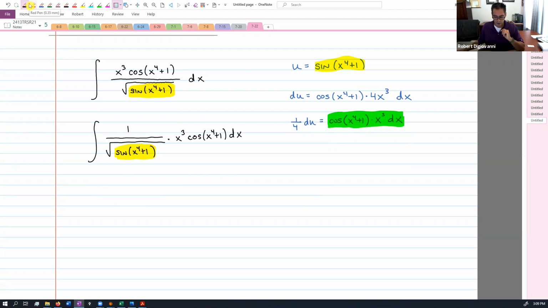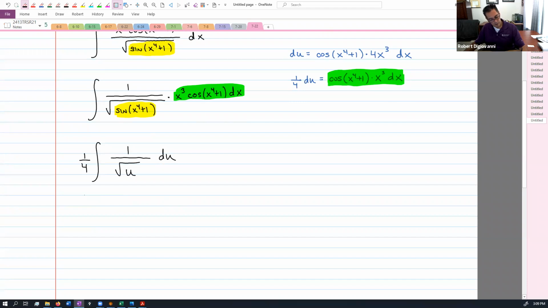All right, so here we go. Rewriting the problem, everything in green here gets replaced. So I'm going to have the integral of 1 over the square root of u. That's this part. And then the green part becomes 1/4 du. I'm going to bring the 1/4 out and put the du here. That's 1/4 integral u to the -1/2 du.